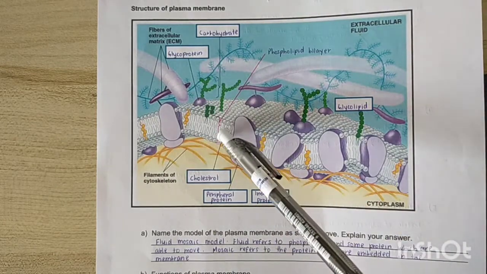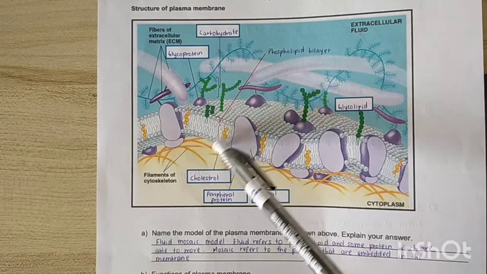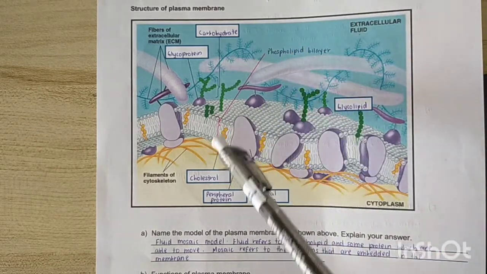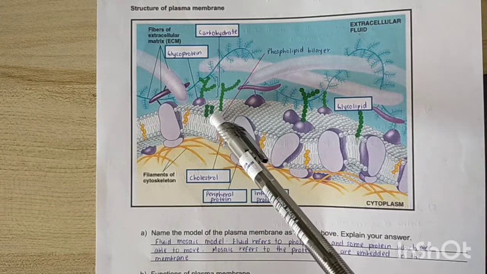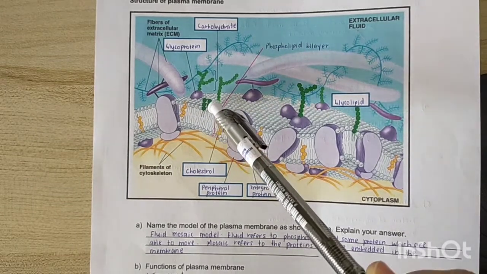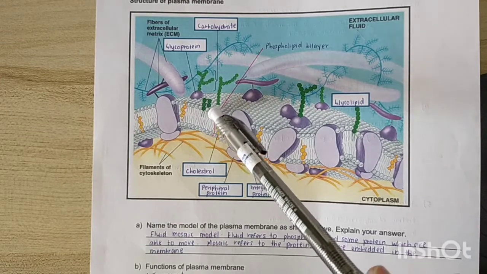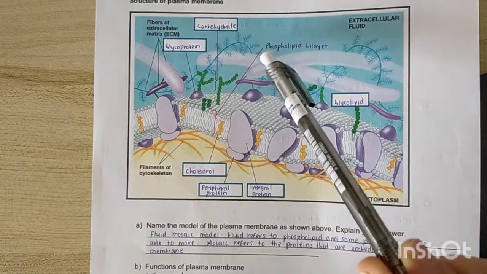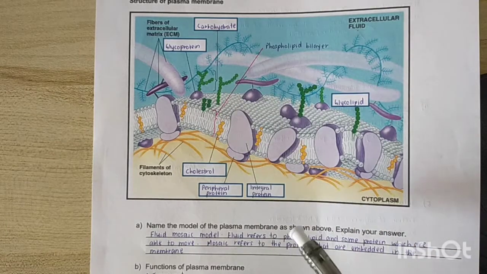And then this part is what we call the phospholipid bilayer. Kenapa phospholipid bilayer? Kalau satu saja antara hydrophilic head and hydrophobic tail, kalau satu je kita panggil sebagai phospholipid. So bila kedua-dua ni dilabelkan, this one kita panggil sebagai phospholipid bilayer.